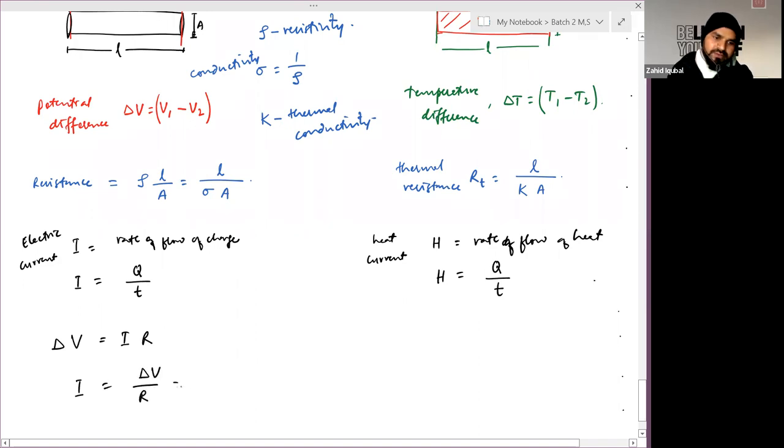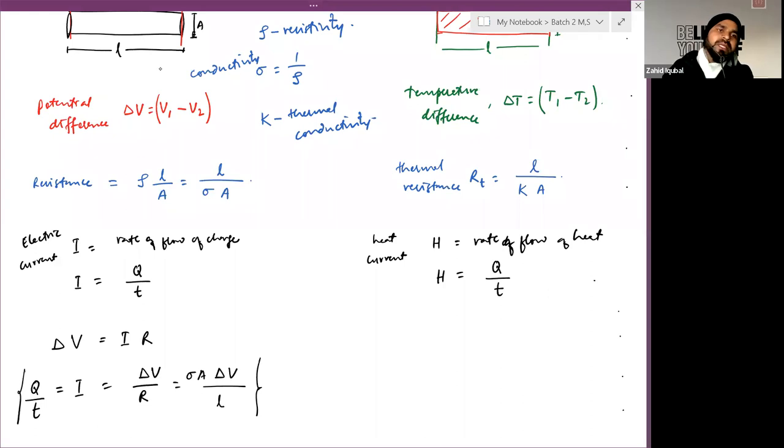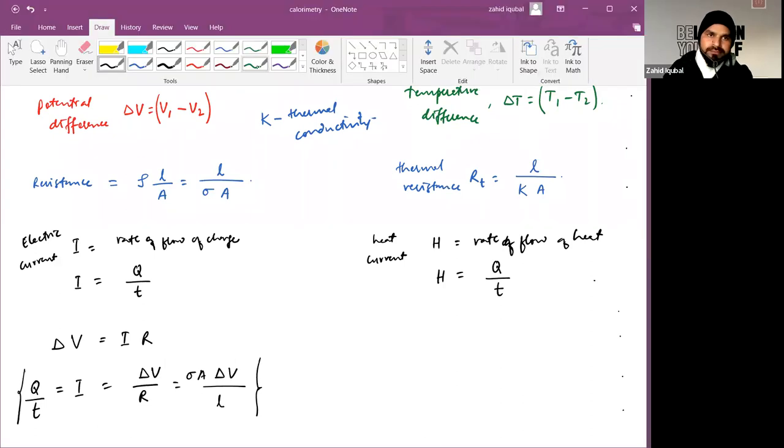On putting the values of each term, you will get delta V, resistance is L by sigma into A, so L divided by sigma into A. Current is nothing but flow of charge through a conductor per unit time. So you'll get this expression. Similarly, for heat, we may define Ohm's law.